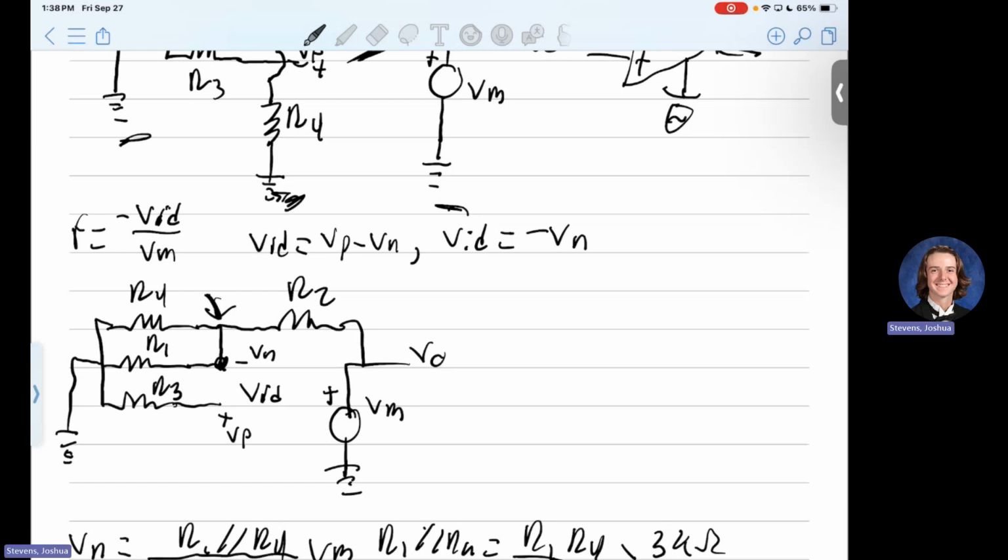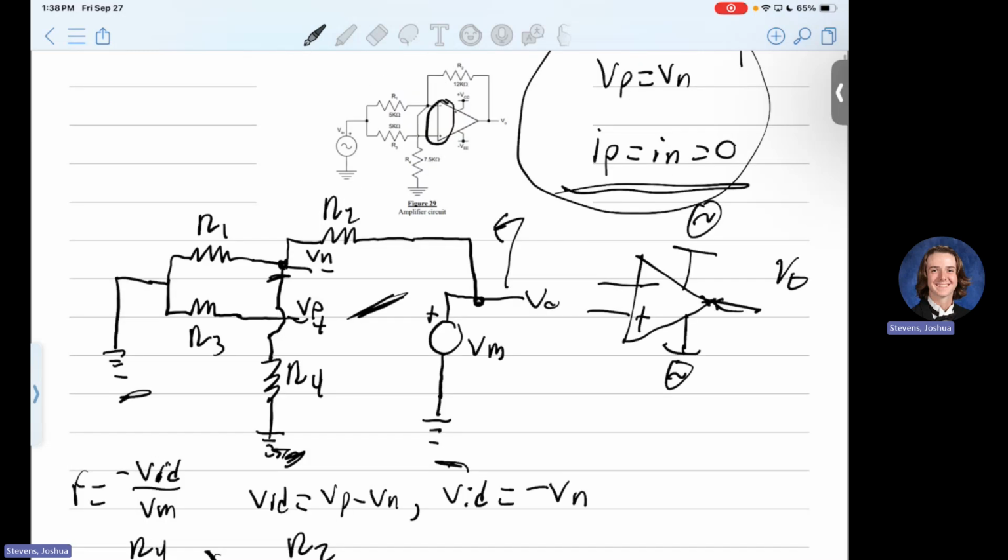So what I did was simply redraw the circuit. I'm making the op-amp circuit into its ideal equivalent circuit. I shorted the source here because when we redraw op-amps, we want to do it kind of like a superposition, where for the left half, the input, we don't really care about the source, and we're trying to look for the stuff on the feedback side.